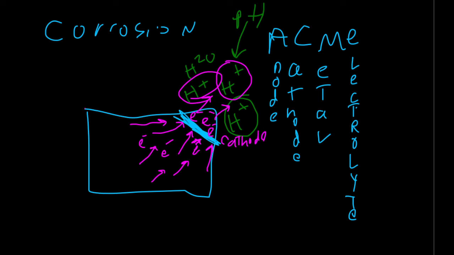But here's what causes corrosion. Suppose you have another spot open to the environment over here. All of this current is going to flow this way, and you have some iron here that needs an electron to stay in place, right?